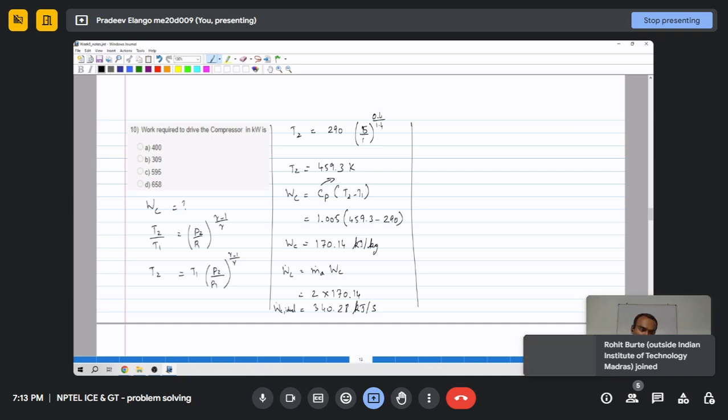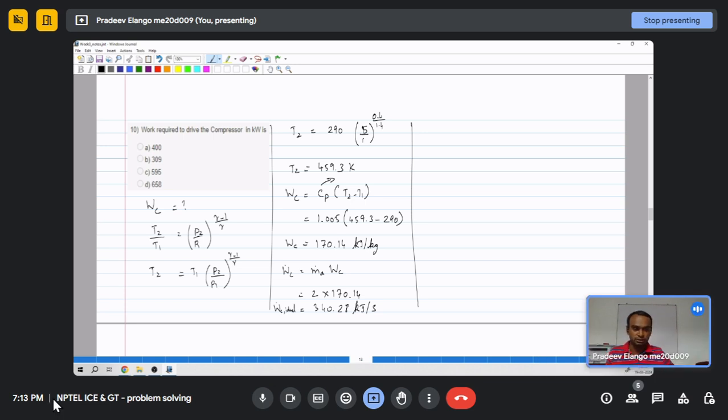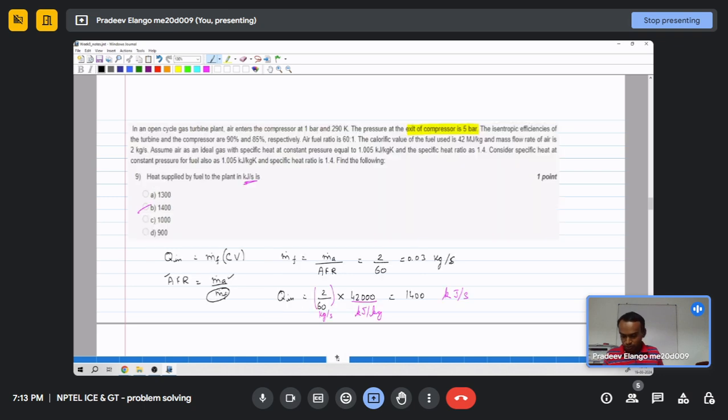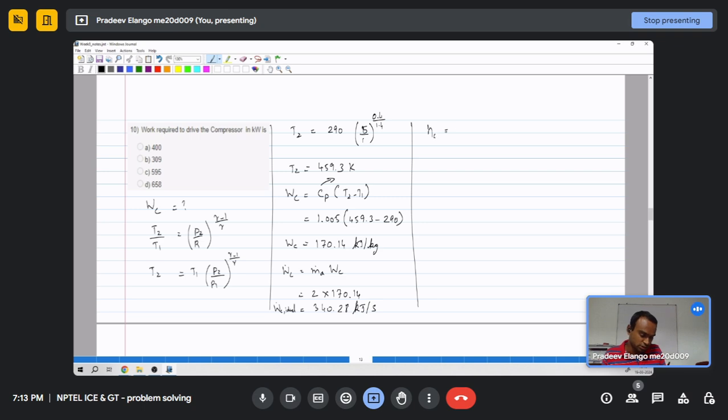Now, this is the ideal work, isentropic work, but we were given an isentropic efficiency. The isentropic efficiency of the turbine and compressor is 90 and 85%. So for compressor, efficiency is 0.85.